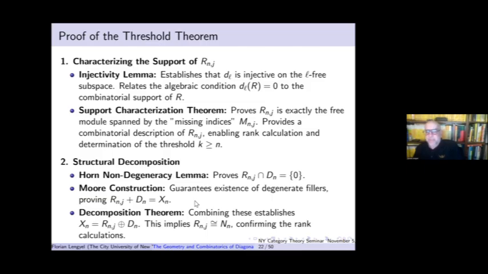Then there's a Horn non-degeneracy lemma, which says that any one of the Horn kernels is a complement of the degenerate submodule. And so the Moore construction guarantees the existence of degenerate fillers.